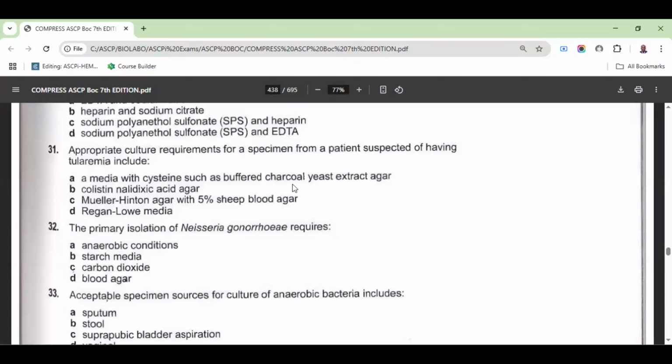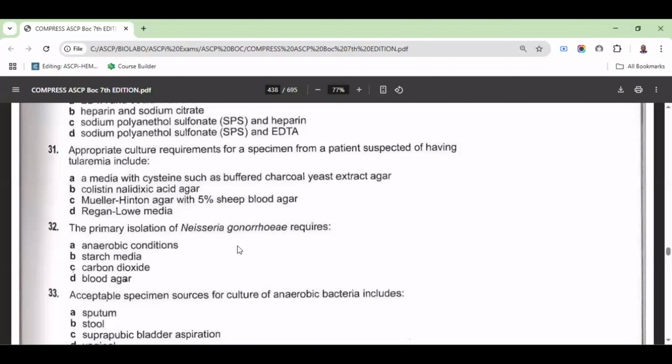Sometimes we need to add this amino acid cysteine to support growth of Francisella. Yeah, it is A. This is what we use, especially the cysteine. When you see cysteine, remember tularemia. Okay, yeah, that is something I try to recall, which is also there.